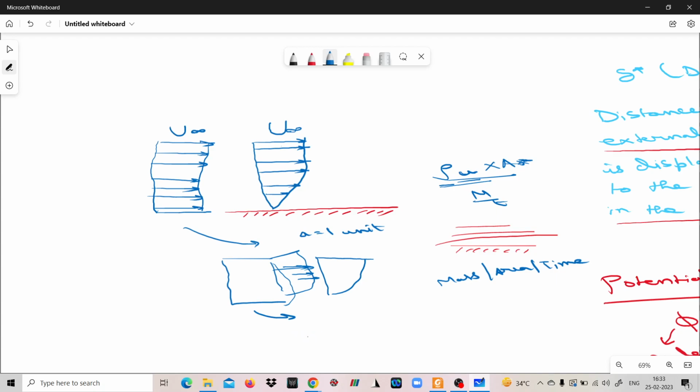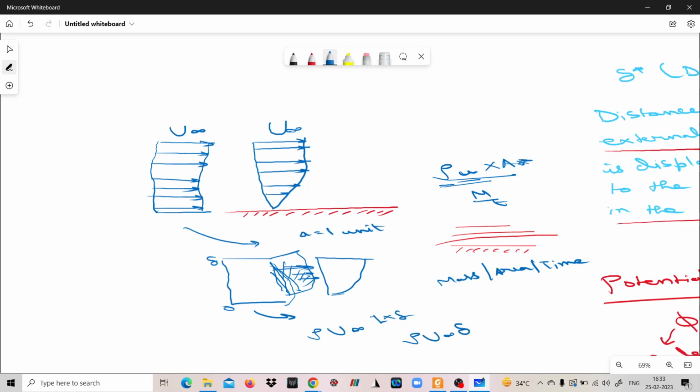The mass flux will straightaway be rho into U infinity into 1, into this length, going from y equal to 0 to y equal to delta. So rho U infinity into 1 into delta. So basically you are getting rho U infinity into delta.